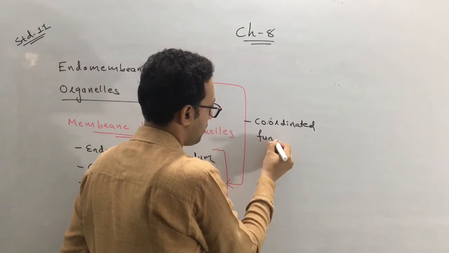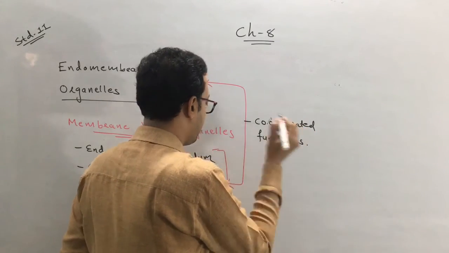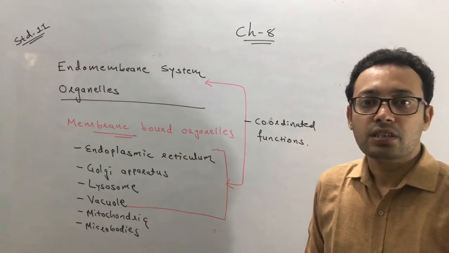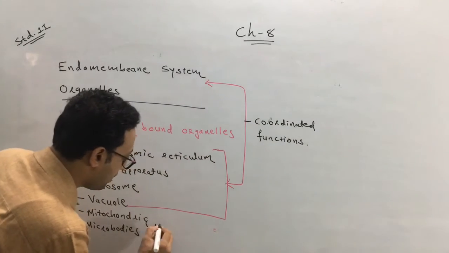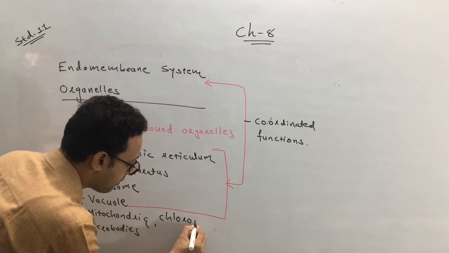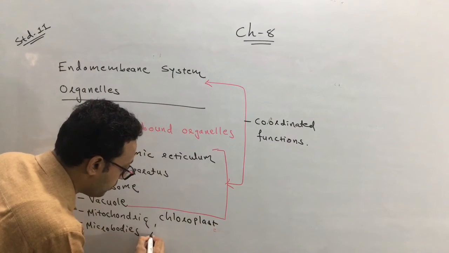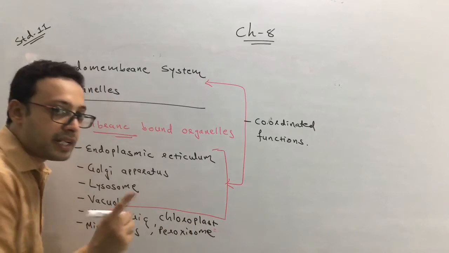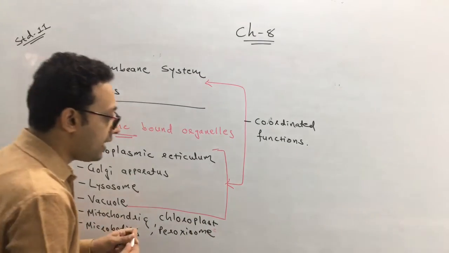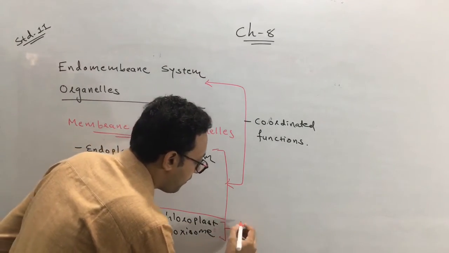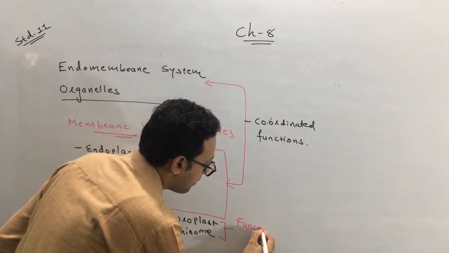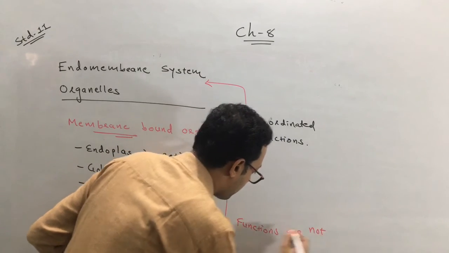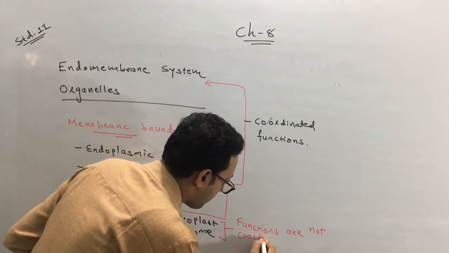But mitochondria, microbodies, chloroplast, peroxisome are also membrane bound organelles, but their functions are not coordinated.